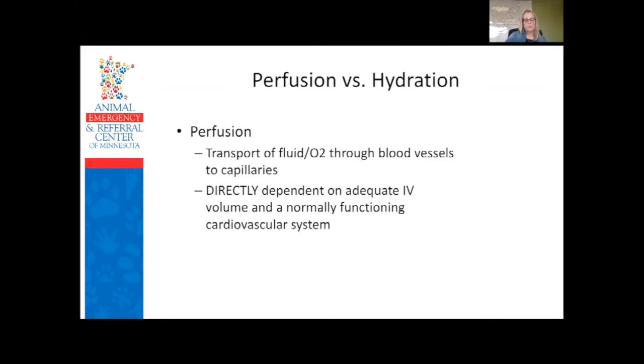And perfusion refers to the transport of fluid and oxygen through the blood vessels to the capillaries. And perfusion is directly dependent on the presence of adequate intravascular volume and a normally functioning cardiovascular system. So perfusion really refers to that intravascular compartment of your total body water.